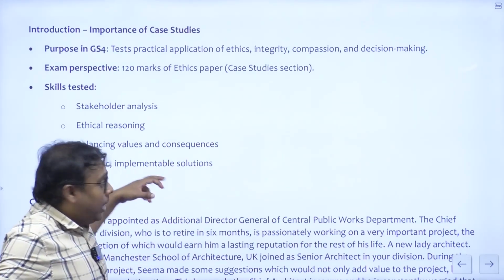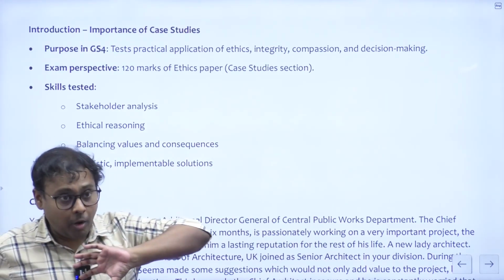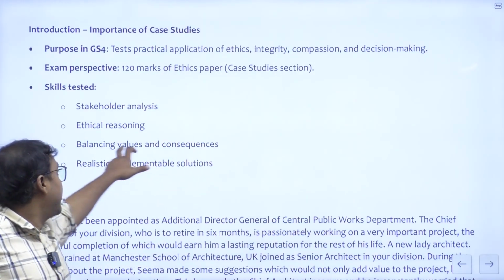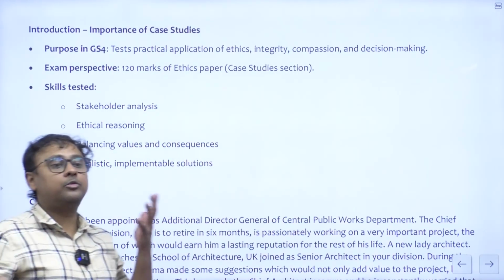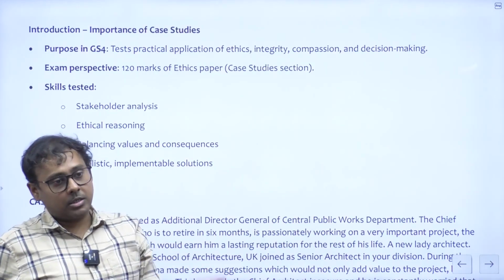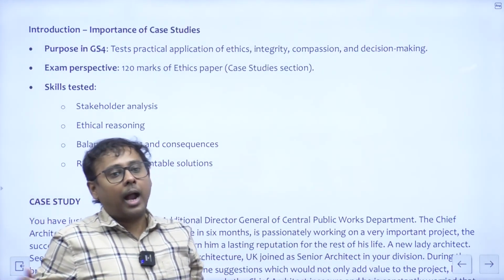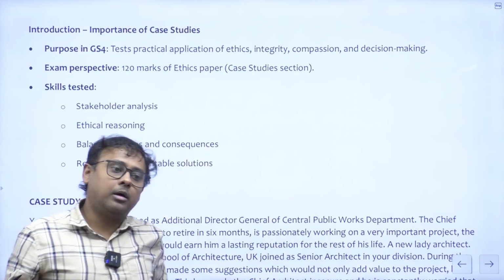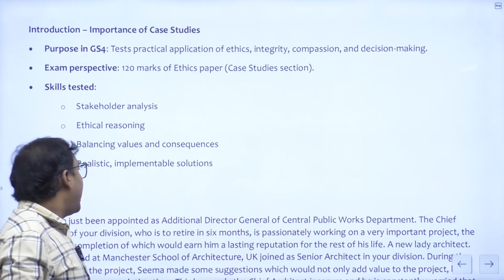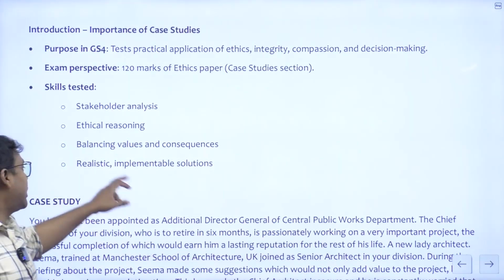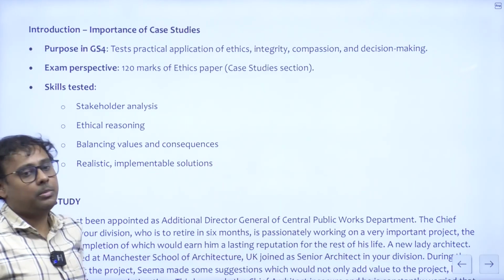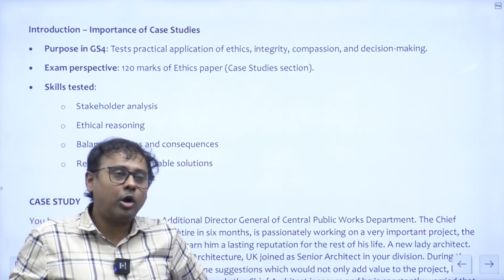But here you have to highlight this unintended consequence because you are balancing values. What are the values that you are balancing? First is compassion, second, administrative ethos. And last but not least, this is very important: realistic, implementable solutions. You cannot be utopic.